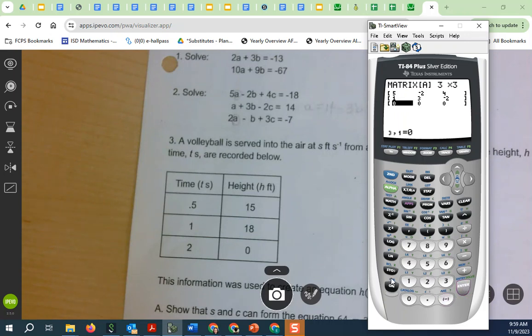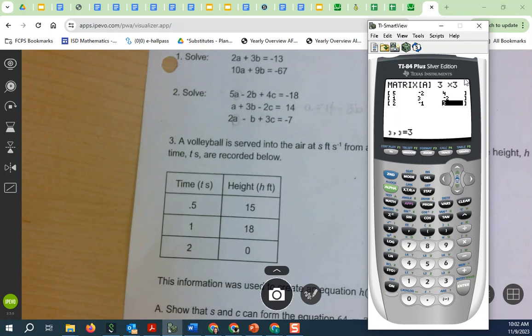And then 2, -1, 3. Okay, I'm going to pause there for a minute before we go and edit matrix B, just to make sure everybody has it and nobody has a question. Hold on one second.